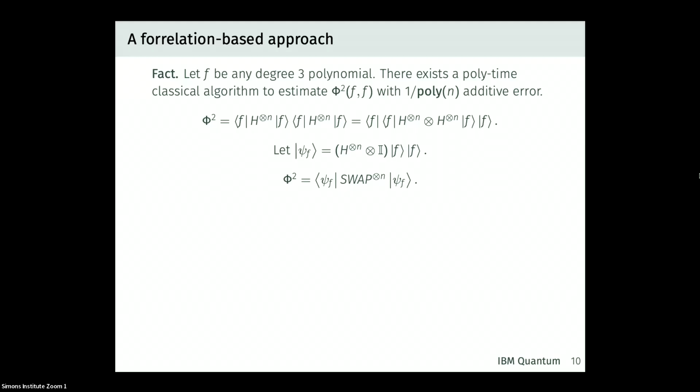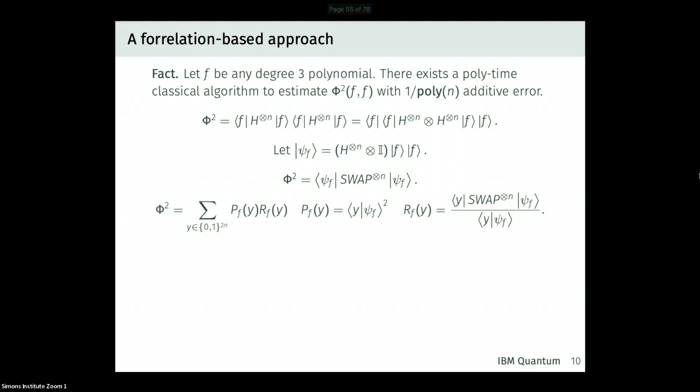So if you look at psi f, it has this form, and you have it on both sides, but the Hadamard is on the first n qubits on both, and the swap is basically moving the Hadamard onto the bottom one. So then you get the thing from above.